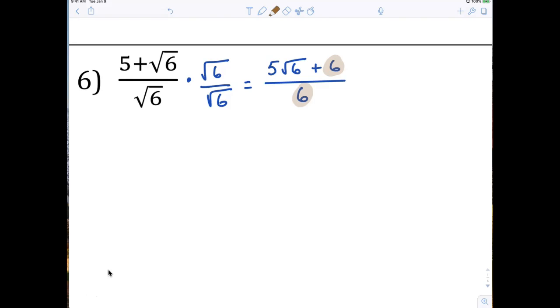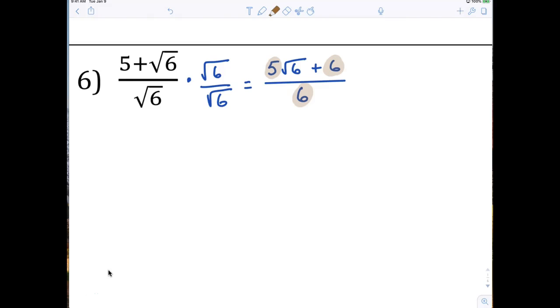No. Definitely not. Anytime two things are bound together by addition or subtraction, you cannot reduce. If I were going to reduce, this 5 would have to be like 12. Then could I reduce? Yeah, because all 3 numbers can be divided by 6. Is everybody with me on that? Now again, it's kind of what we did yesterday, so it shouldn't be a big deal.